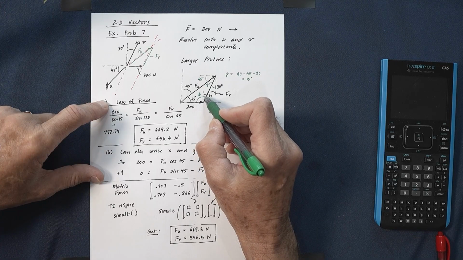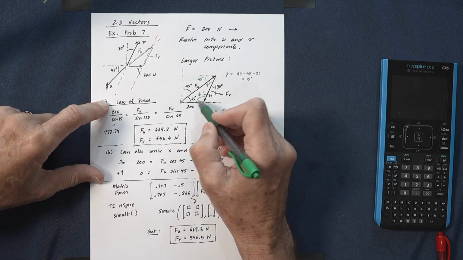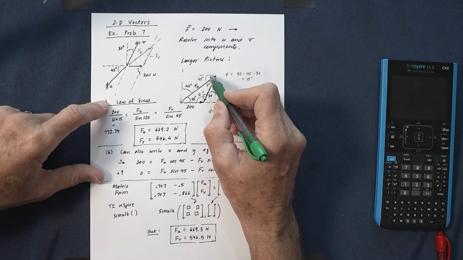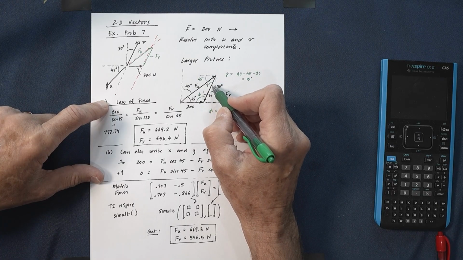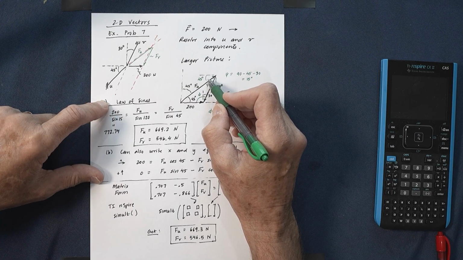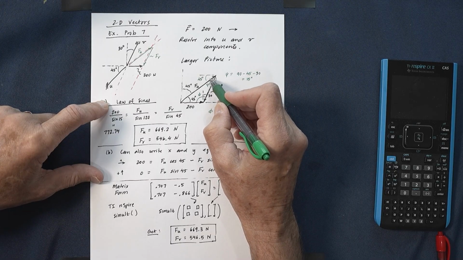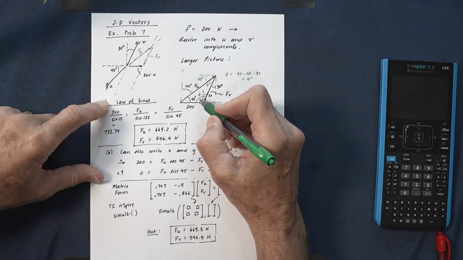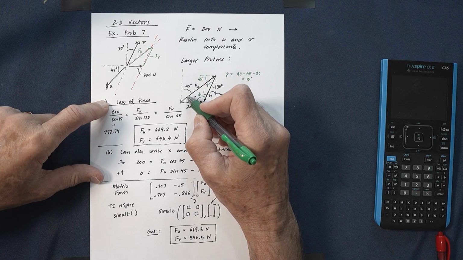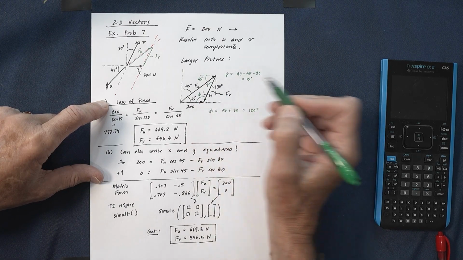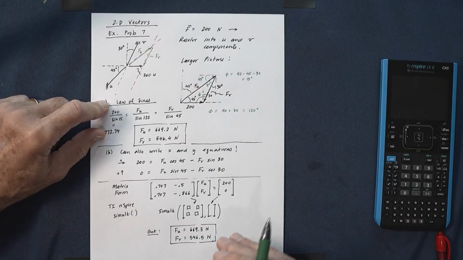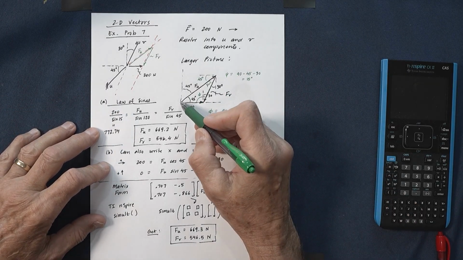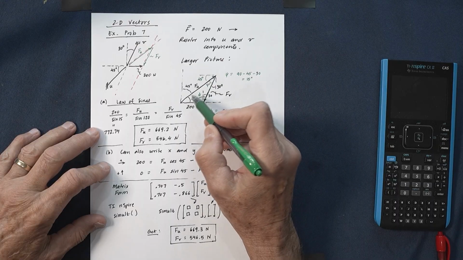This angle here is 90 plus 30, which is 120. And then this guy here is 90 minus 45 minus 30, which is 90 minus 75, which is 15 degrees. So 15, 120, and 45, and those three should sum to 180, which they do.